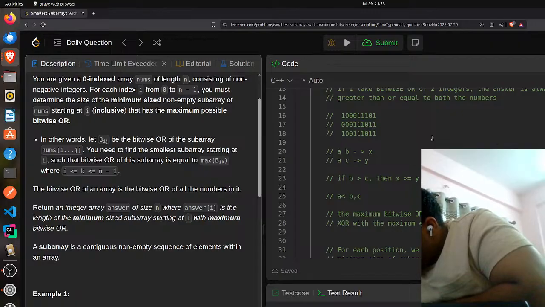If I OR both of them, I will get the answer as 3. No, this is not the OR, this is the maximum element.